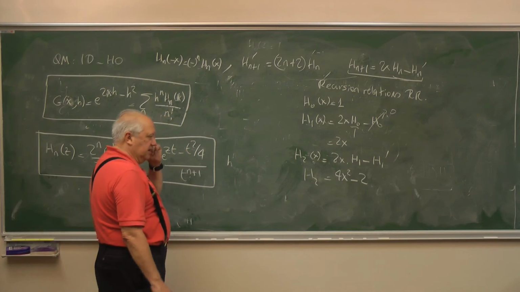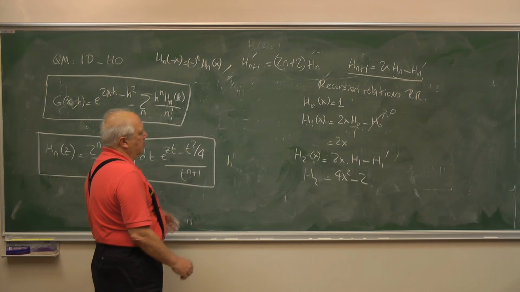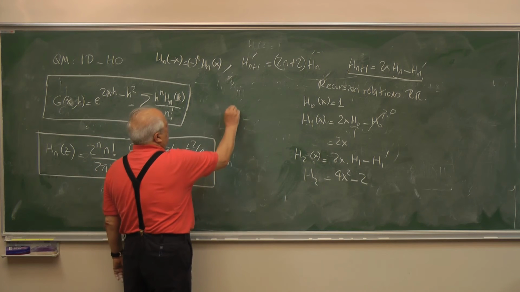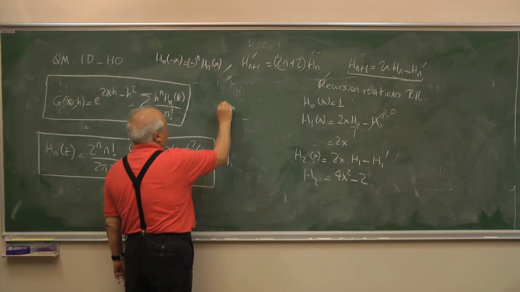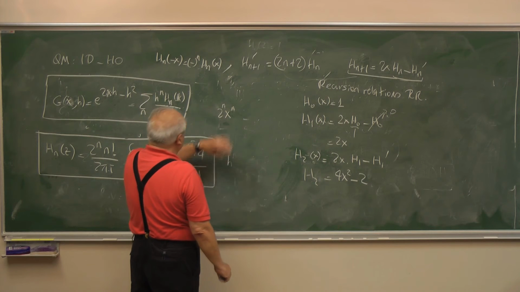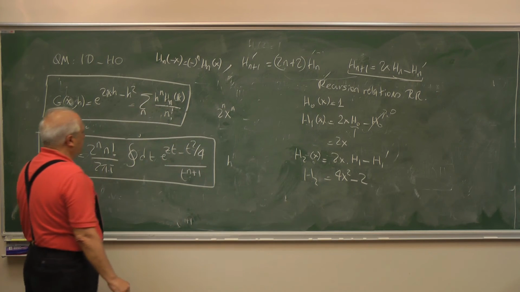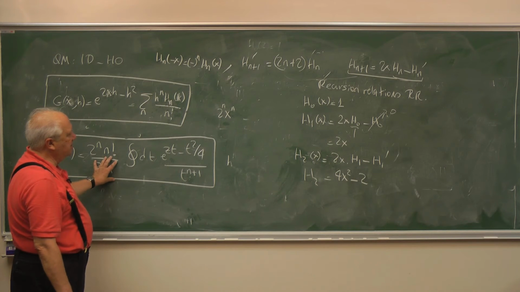Remember, we obtained the infinite series, we cut the infinite series, and we said the coefficient of the greatest power x to the n will be 2 to the n. Then we constructed the Hermite polynomials. Second, we constructed Hermite polynomials using their integral representation in the complex plane.